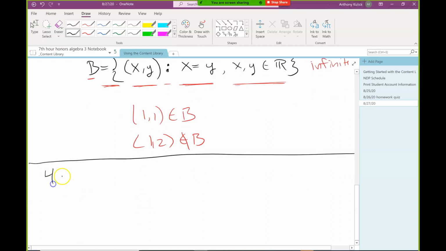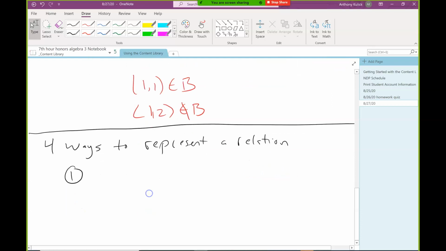So there are 4 ways that we typically use to represent a relation. The first of those ways is as a set of ordered pairs, just like we saw before.